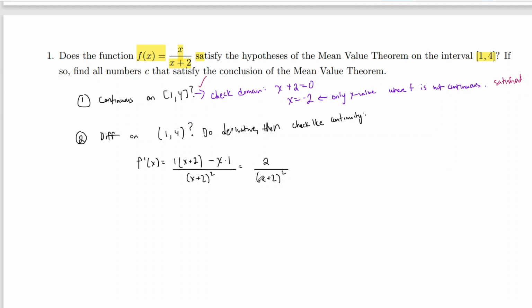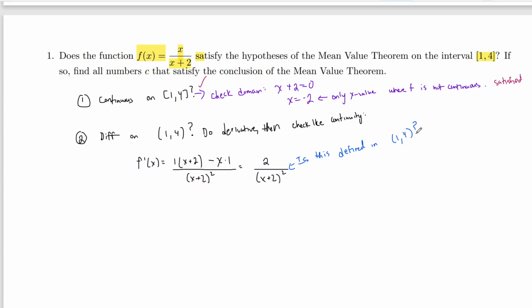Okay, so this is the derivative formula. It is completely simplified. There's nothing to possibly simplify on the top because it's just the number 2 and it doesn't cancel out with anything on the bottom. So the last thing we want to do is ask, is this function differentiable? Meaning, if we look at our derivative formula here, is it defined in the interval 1 to 4?